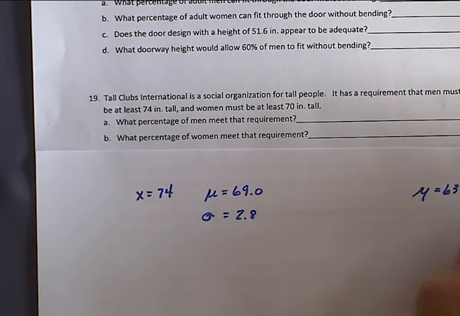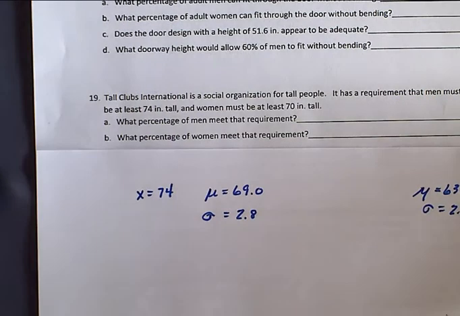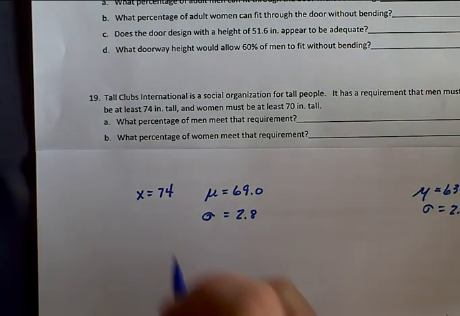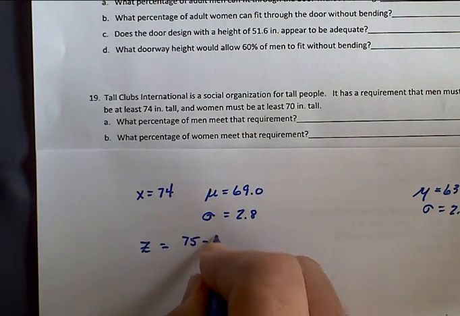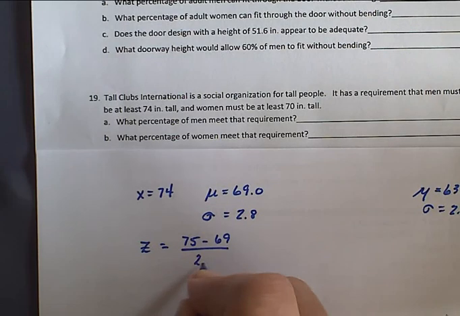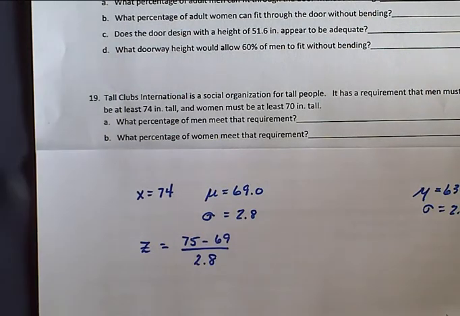Standard deviation is 2.5. Okay, so Z equals 74 minus 69 divided by 2.8. I get a z-score of 2.14.